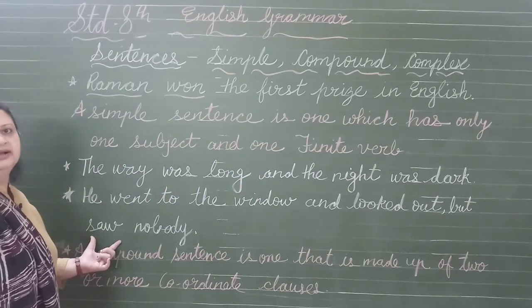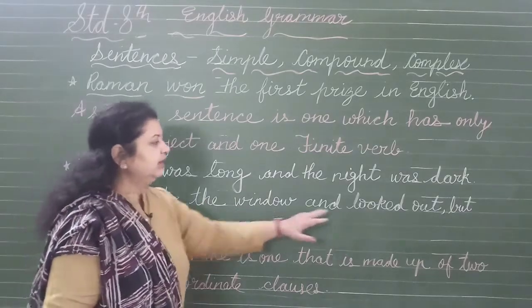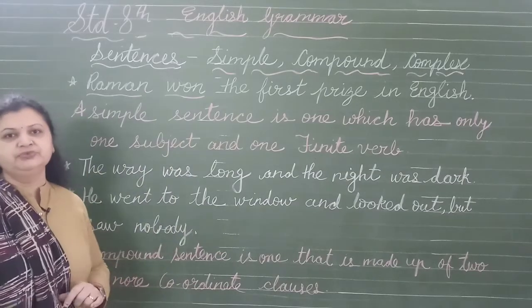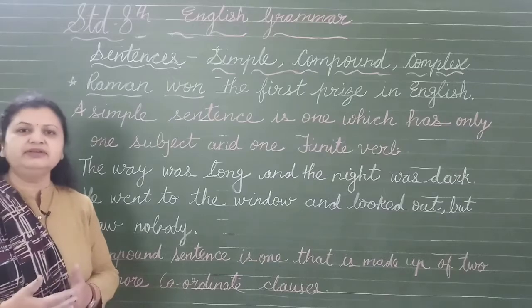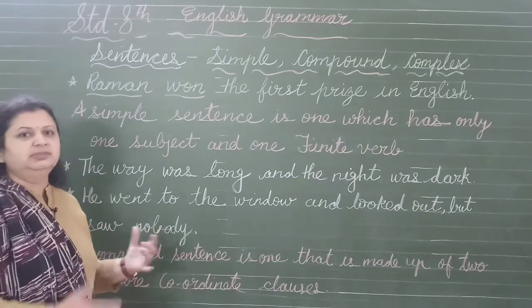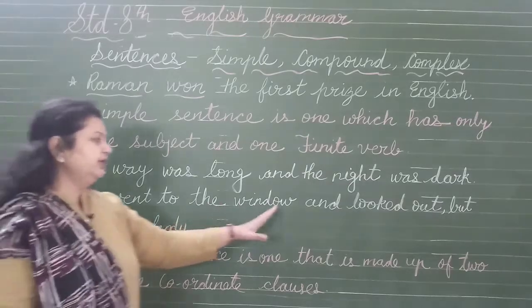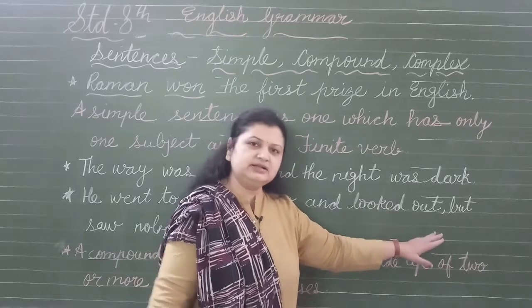Okay, now break the sentence. He went to the window, he looked out, but he saw nobody. So now it becomes three sentences with one subject, he, but if you break them, each will stand alone. He went to the window can stand alone. He looked out can stand alone, and it has its own meaning.